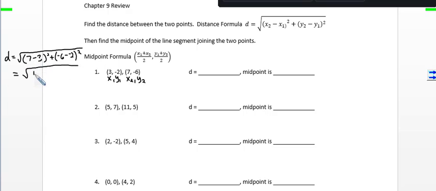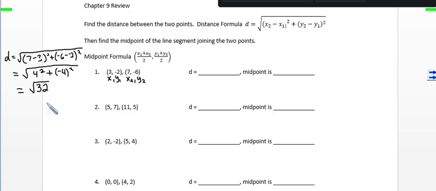So this ends up being 4 squared plus negative 4 squared, because a negative of a negative is a positive, so negative 6 plus 2 is negative 4. 16 and 16 is 32.